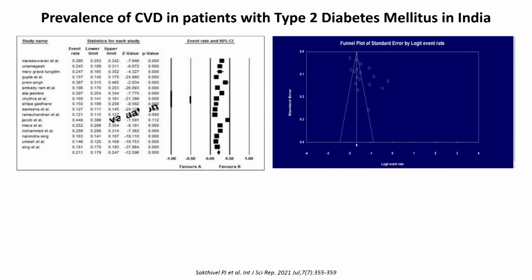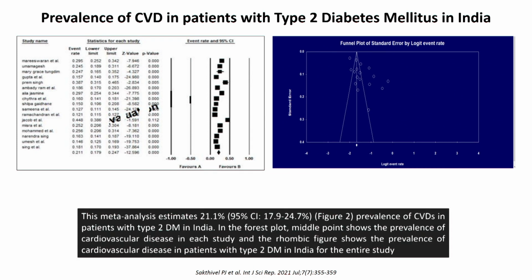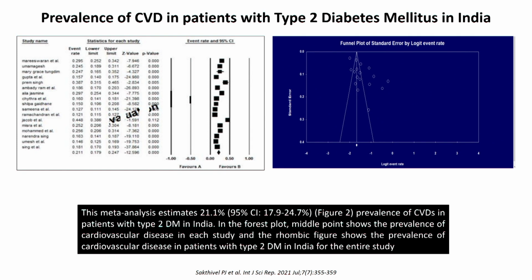Dear friends, this is a funnel chart, and this is a new chart which I like to show to you. This is a meta-analysis which shows that in type 2 diabetes mellitus in India, the prevalence of CVD, heart disease, cardiovascular, not the vascular as a whole, the heart disease is about 21.1%.